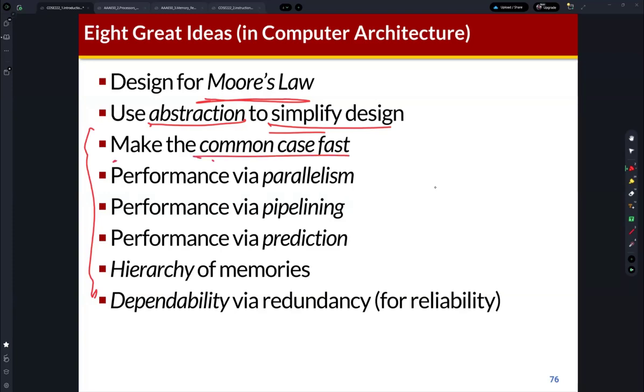Make the common case fast. So what does that mean? Think about this.